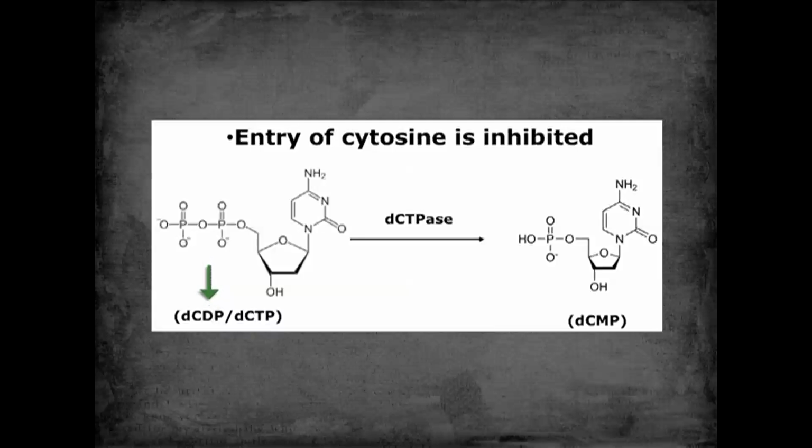So, to prevent the incorporation of cytosine into T4 DNA, what it does, it converts dCDP to dCMP, because to incorporate any base into the genome, that base must be converted to its triphosphate state. So, the enzyme dCTPase converts dCTP and CTP into CMP. Now, it will not be able to incorporate into the T4 genome.